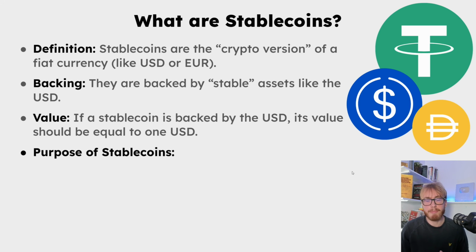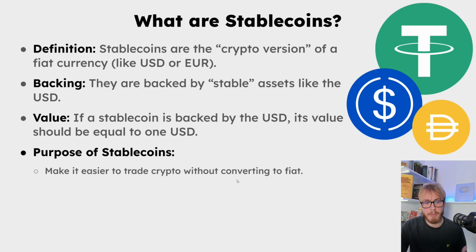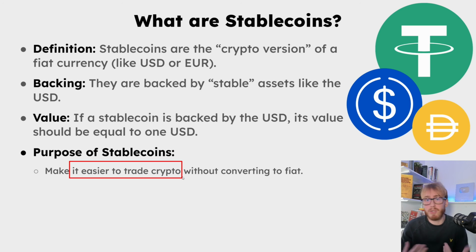But now, what is the purpose of stablecoins? Well, we have a few different purposes here. The first purpose is to make it easier to trade crypto without having to convert your cryptocurrency to fiat.